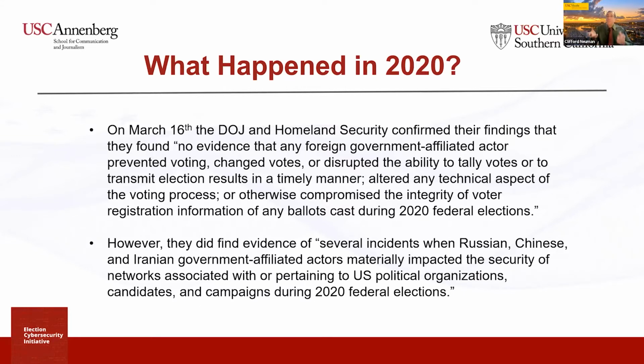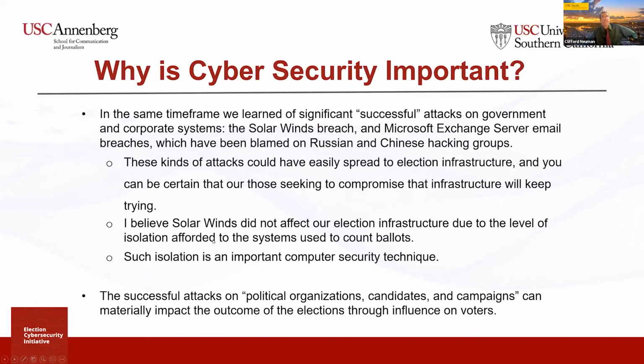And this could have been things leading into that first column, attempts to manipulate voters, attempts to manipulate campaign messaging so that voters get an incorrect impression. So we saw the third column, they didn't find evidence of that. That first column that I showed you before, they found incidents.